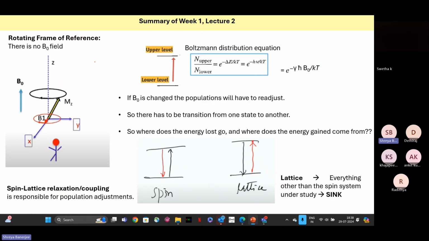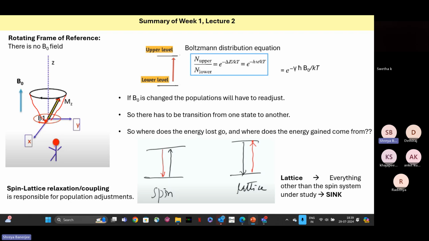Now I'll introduce another concept, which is basically the rotating frame of reference. So what is meant by that is, this is the angular momentum vector shown by this yellow arrow, and there is a cone, which is the Larmor precession cone.